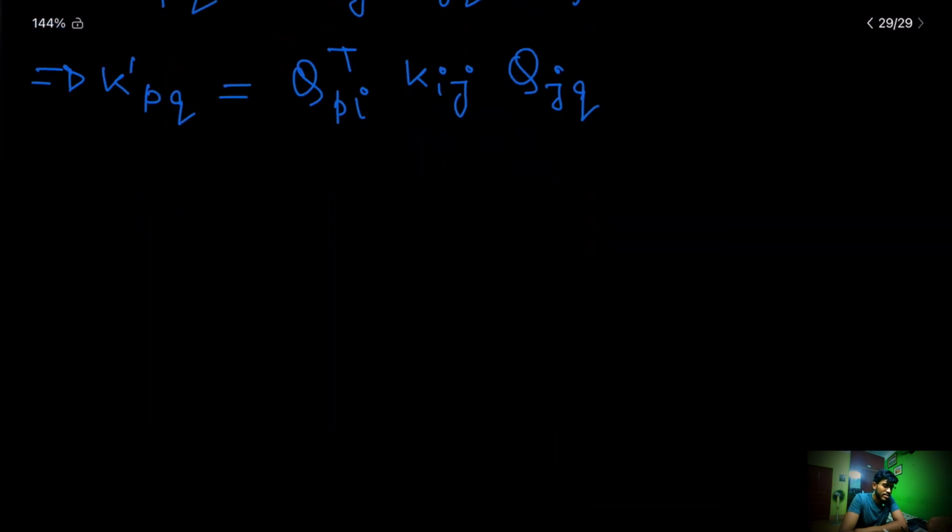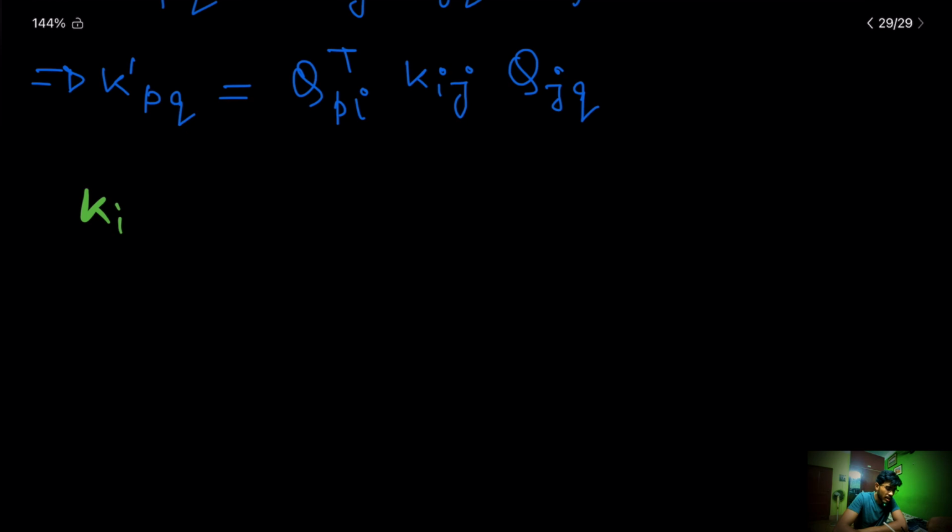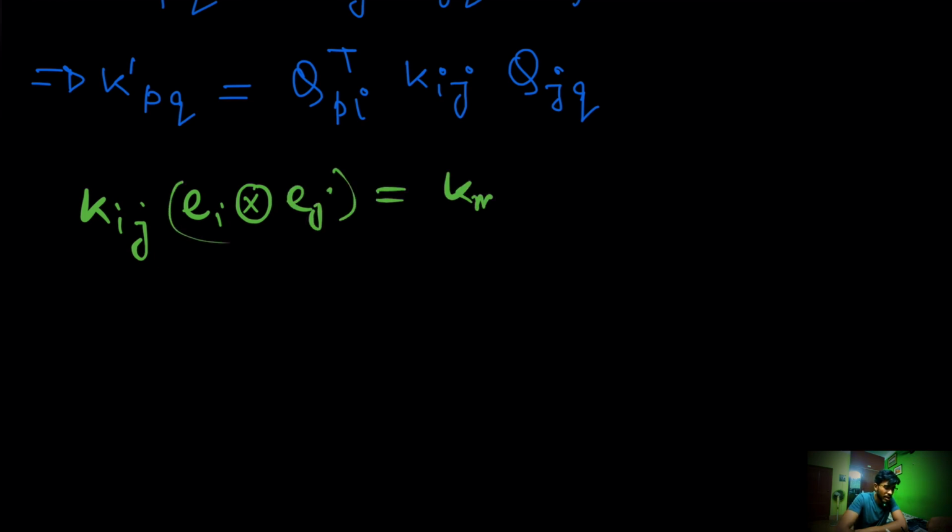Now let us try to find the relation of Kij in terms of K dash PQ. Okay, so then again we can write, we will start from the same thing, that is Kij Ei dyadic Ej is equal to Kmn dash into Em dash dyadic En dash. Now I will be doing it a bit faster.